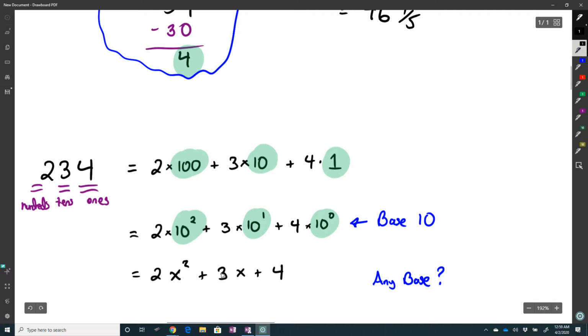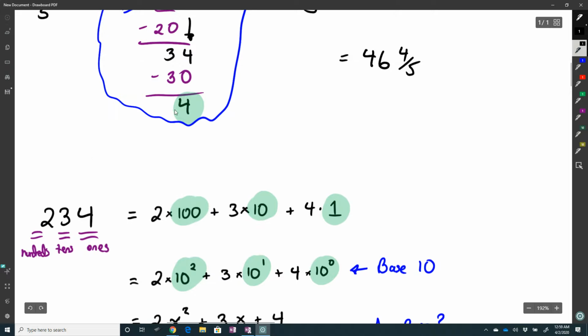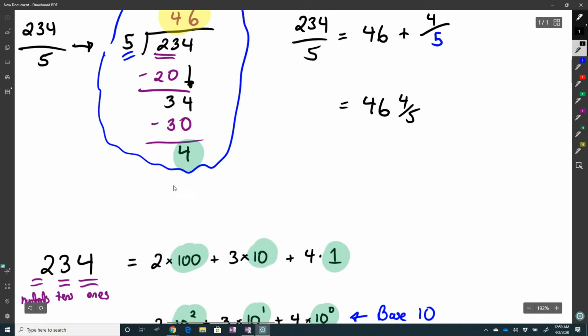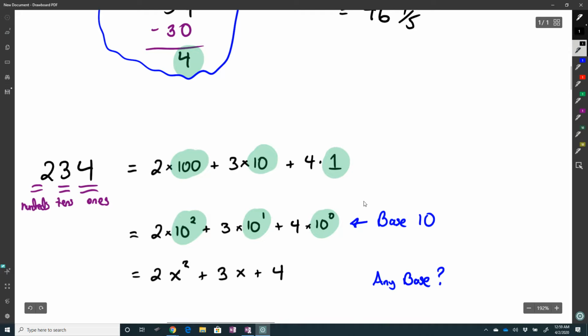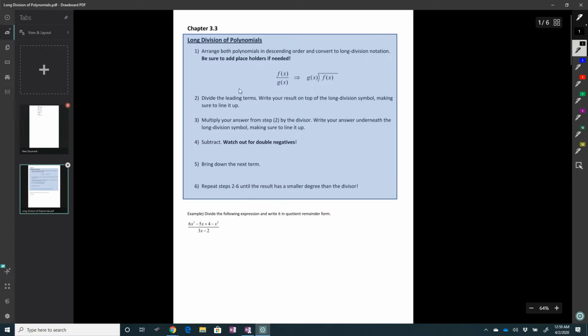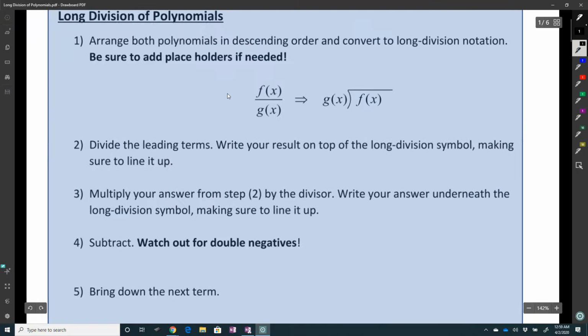And so that's the tie-in of why all the math for long division is the same as for polynomials as it is for regular numbers. It's because the base 10 system is just a format of polynomials where x is equal to 10. Anyway, that's me done nerding out. So let's go back to long division of polynomials. Yay.